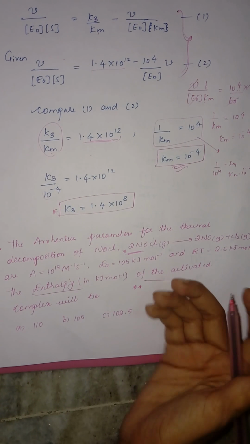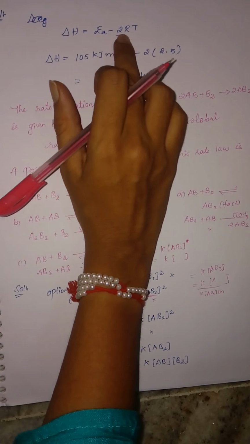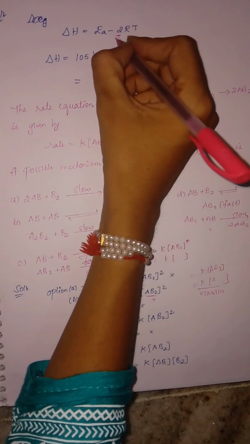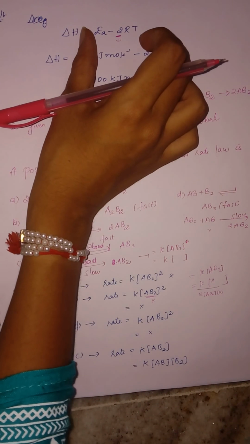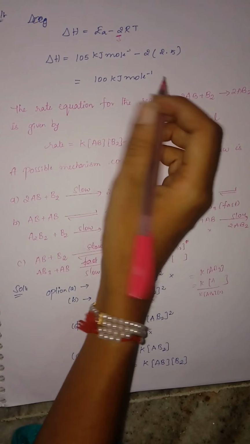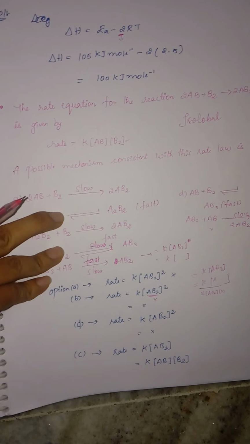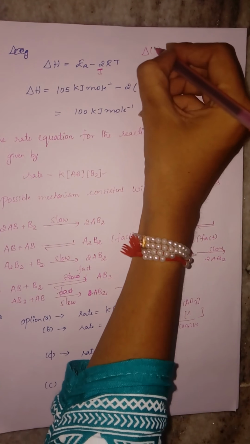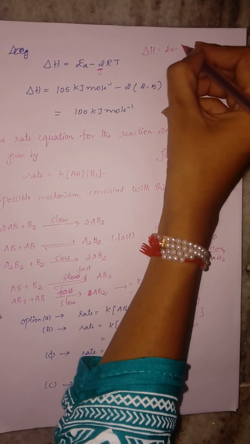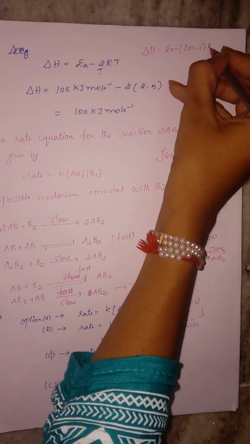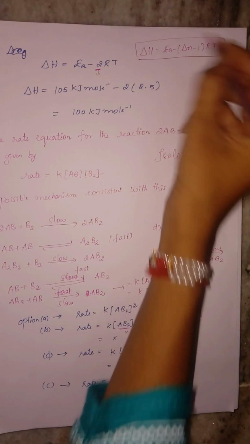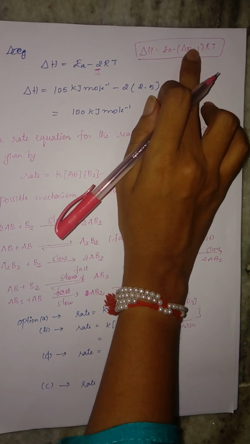So for a bimolecular reaction, delta H is equal to EA minus 2RT. For the activated complex I have written this formula. Actually the standard formula was EA minus (delta n minus 1) RT, and delta n is gaseous products minus gaseous reactants.